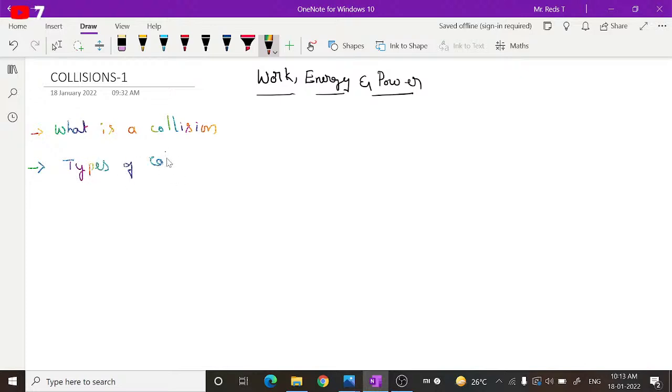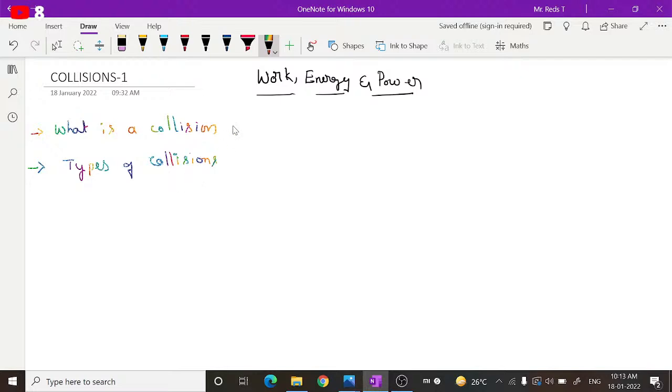At this point we will see a few more points. Let me revise once what a collision is, then the types of collisions, then we'll continue with a few additional points under these types of collisions.